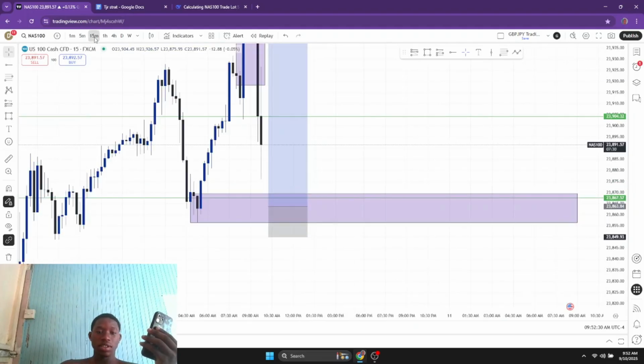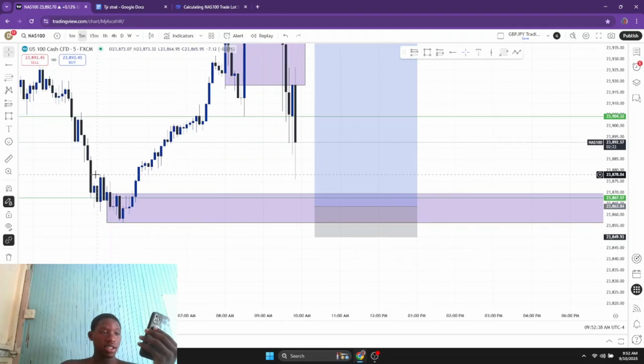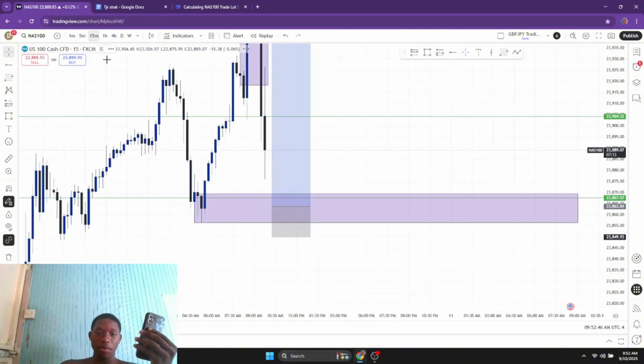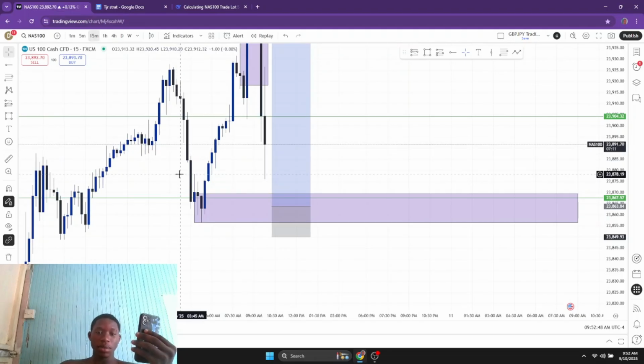Only 15 minutes, only 5 minutes, yes. We're looking for a deeper hit of that zone. But on the 15 minutes, if you draw that zone on the 15 minutes, you definitely hit that zone.